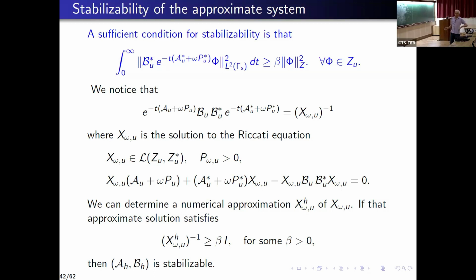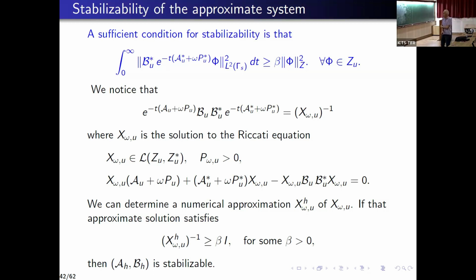And so at the numerical level, I can compute an approximation of this. It will give me some approximate solution to the Riccati equation, and I can check if this operator is strictly positive.